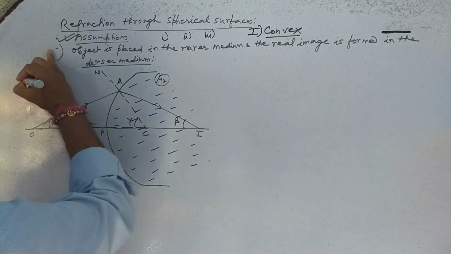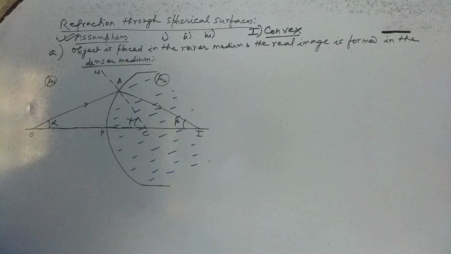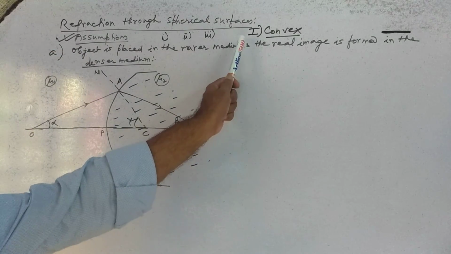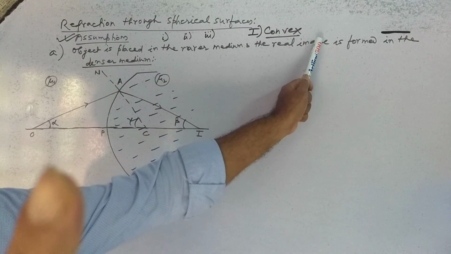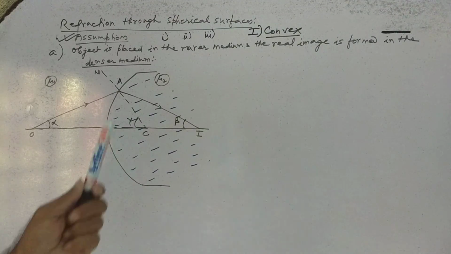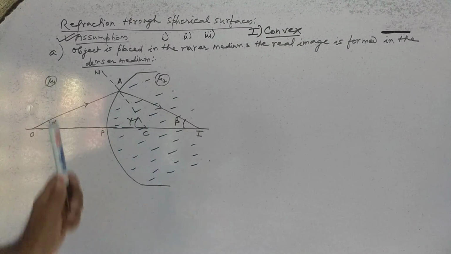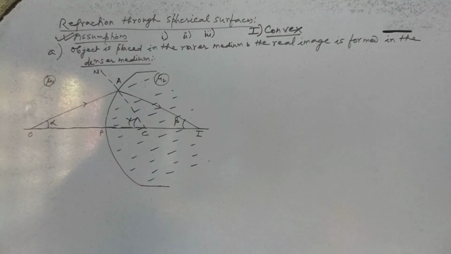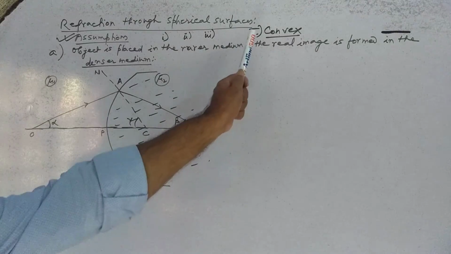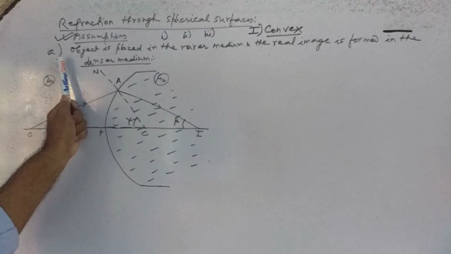Try to follow me. I am first doing it for the convex refracting surfaces. You all know the structure of the convex refracting surface. This is the convex refracting surface. In this I will discuss 3 cases for the convex.